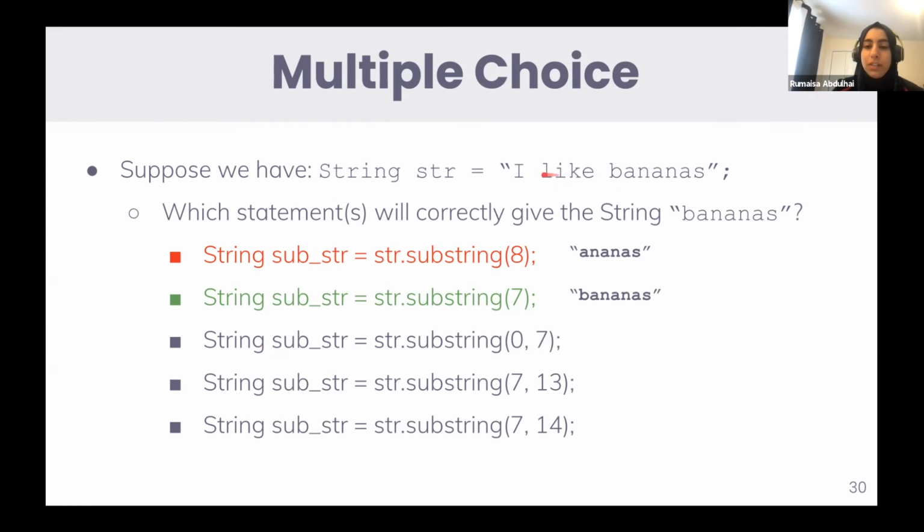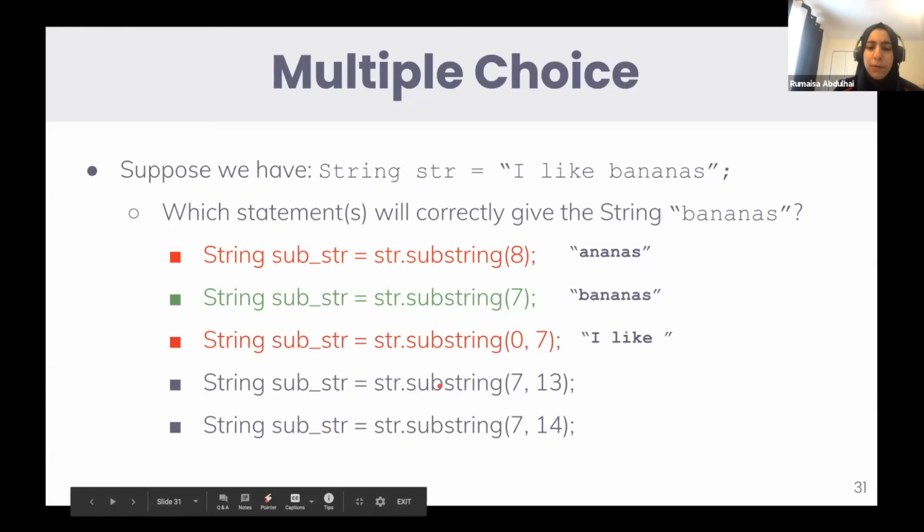So what it will do is it will go from 0, which is I, all the way to 7. But because of the way that substring is, it won't go to B. It will go to the empty space here. So it would be 7 minus 1, so it'd go to index 6.